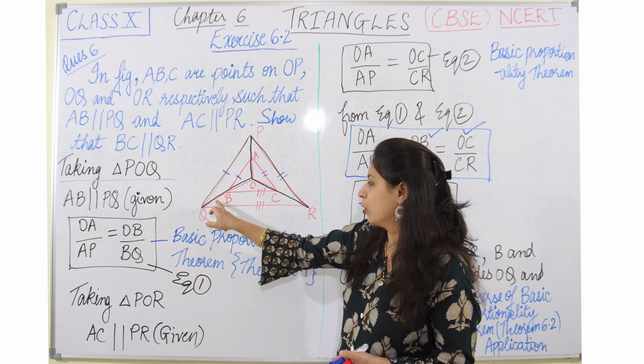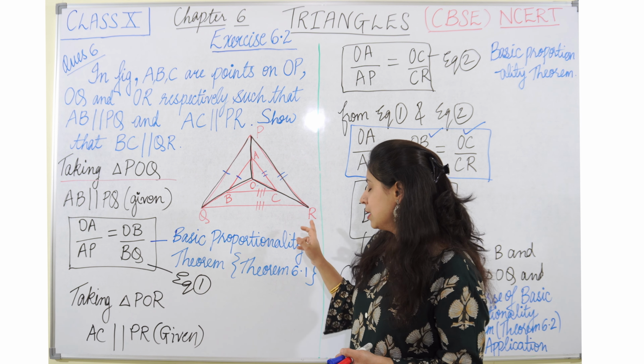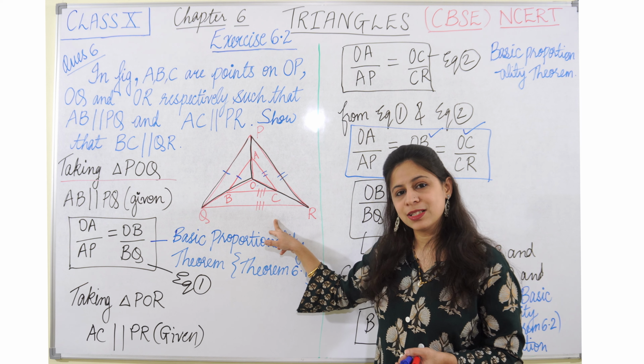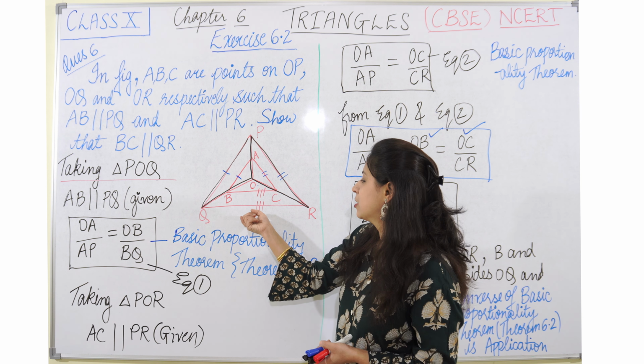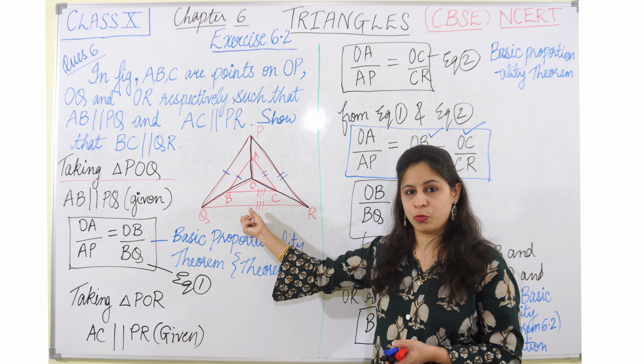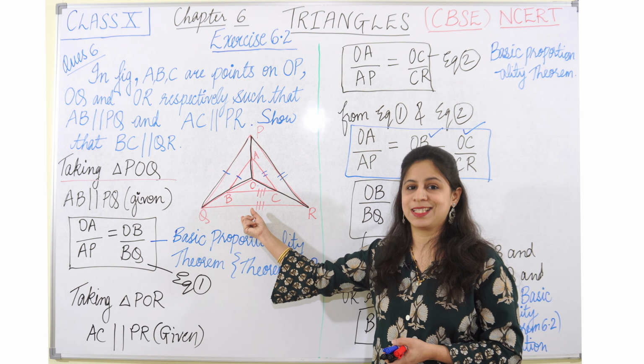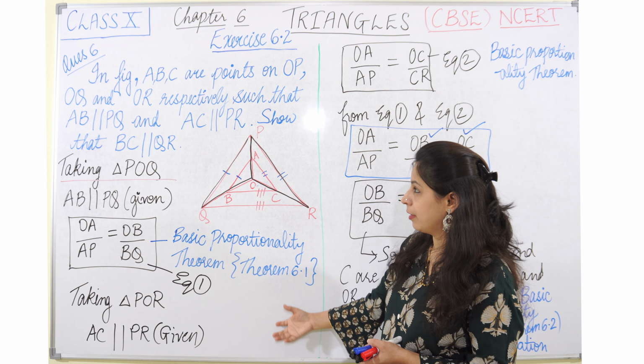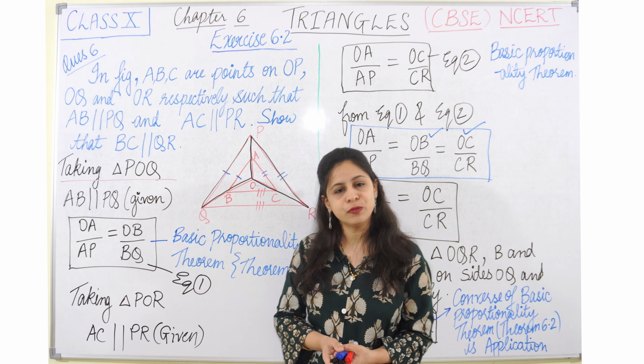That means OB upon BQ is equal to OC upon CR. If this is true, then definitely BC is parallel to QR according to the converse of the basic proportionality theorem, theorem 6.2. So in this manner we need to solve such types of questions.